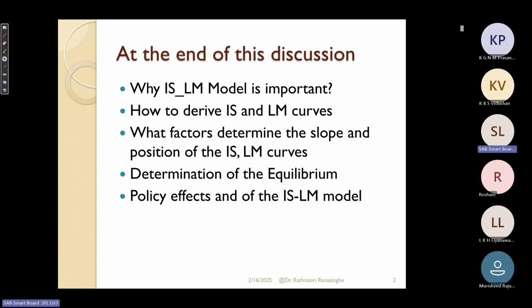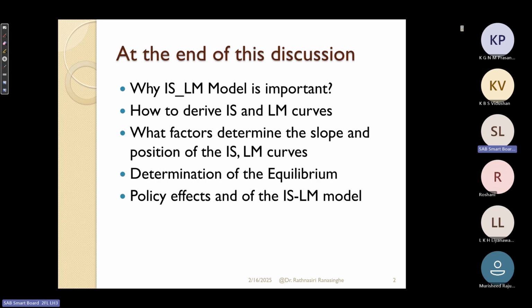As we discussed in previous cases, we always try to get the slope of the curve when we look at the effectiveness of policies. We need to look at the slope of the IS and LM curves, then how equilibrium is determined in the IS-LM framework, and finally the policy effects. For the time being, we look at the IS-LM in a closed economy model, without the external sector.